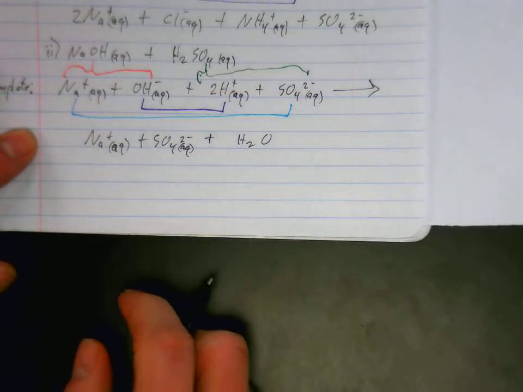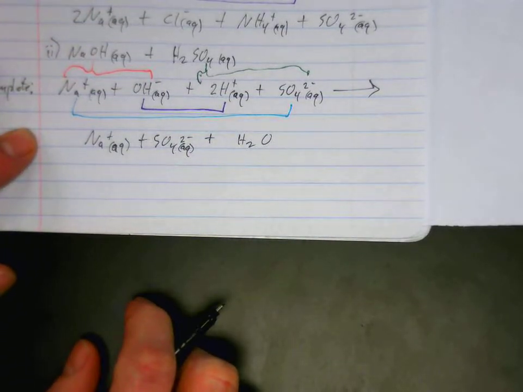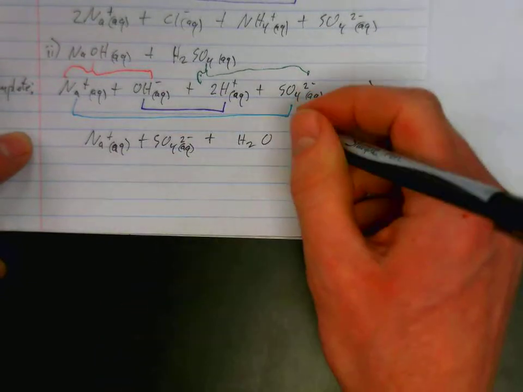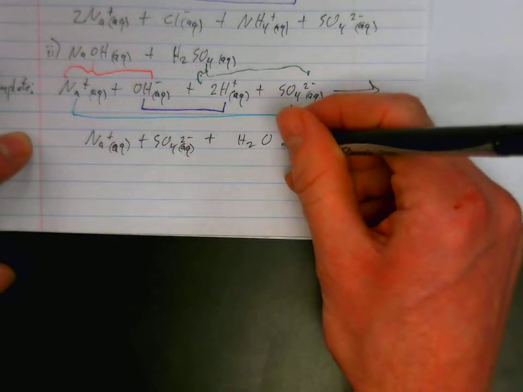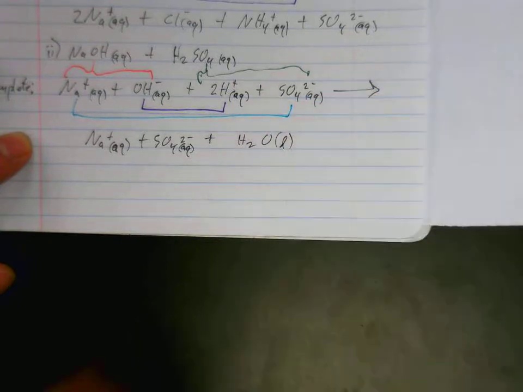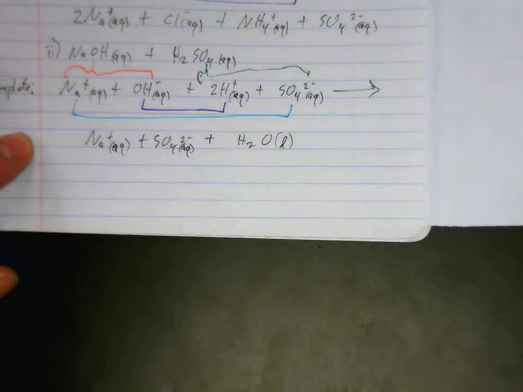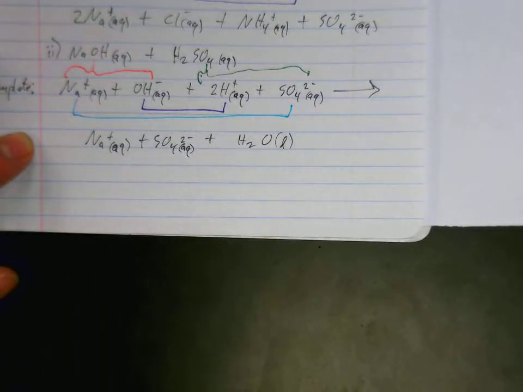And water is what forms the solvent here. So we don't consider that to be part of the solute. We put here liquid. And so water does in fact come out of solution. So water, in this case, is the change. It produces water.